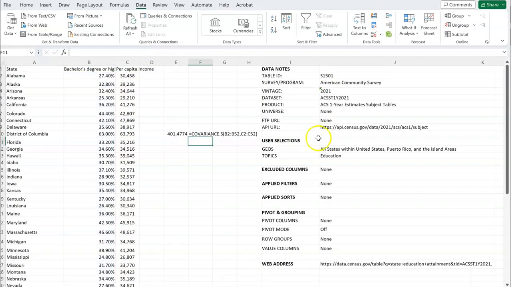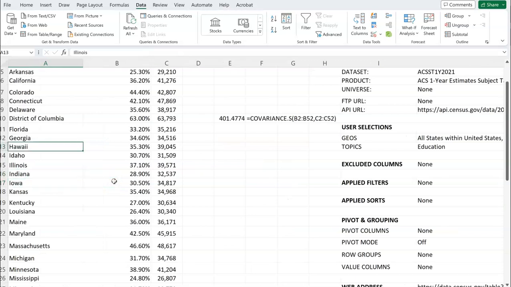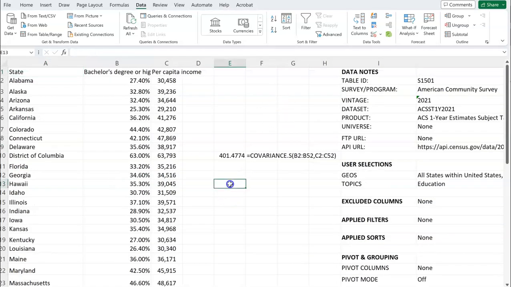So that's the value for covariance. Covariance really doesn't tell us much. I can't say that if covariance is higher, the numbers are more related to each other.